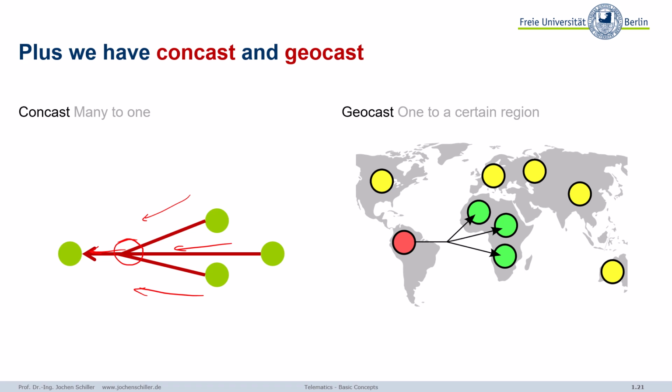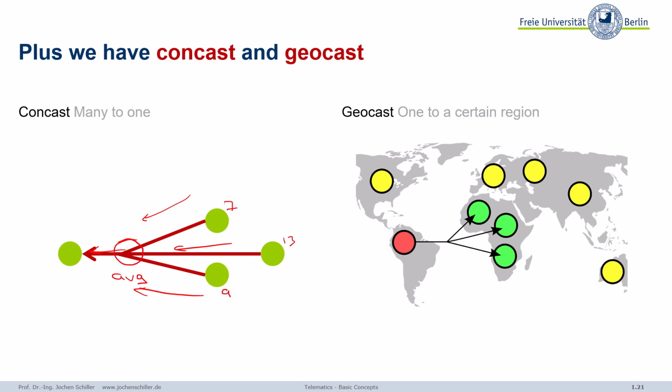So think of many temperature sensors that measure different values, and you're only interested in the average of the values, something like this. You can already do some calculations in the network. Or you simply collect all the data and forward all the data to a receiver.